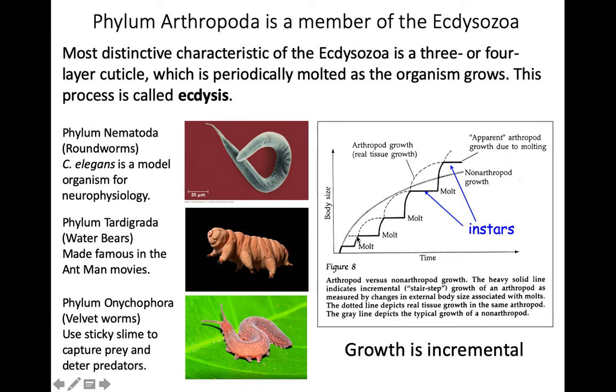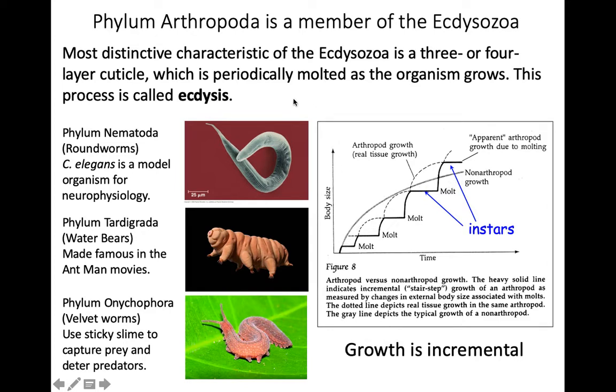At periodic points, that exoskeleton has to be shed or molted and a new exoskeleton laid down, and this gives rise to this stepwise pattern of growth. Each of these different life stages between molts is referred to as an instar. Okay, and organisms that don't have a hard exoskeleton, a non-arthropod, tend to grow more continuously.